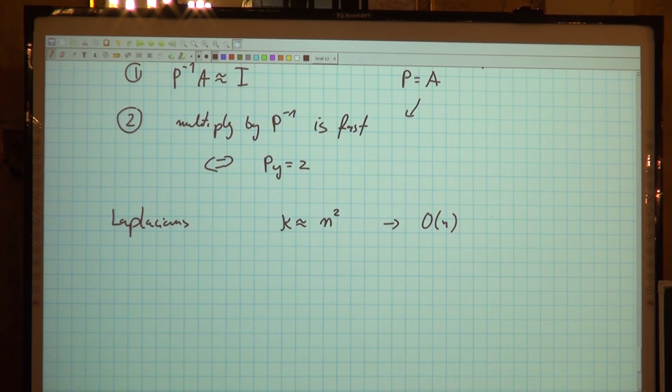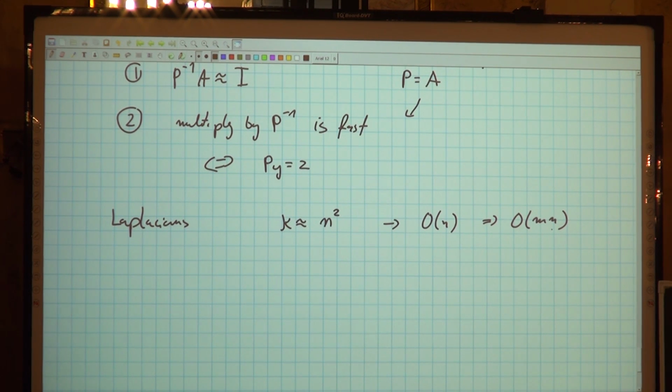In the end, it ends up being m times n running time. So even if I use this method for Laplacians in a vanilla way, I get mn, quadratic running time, which is not what I promised to you yesterday.